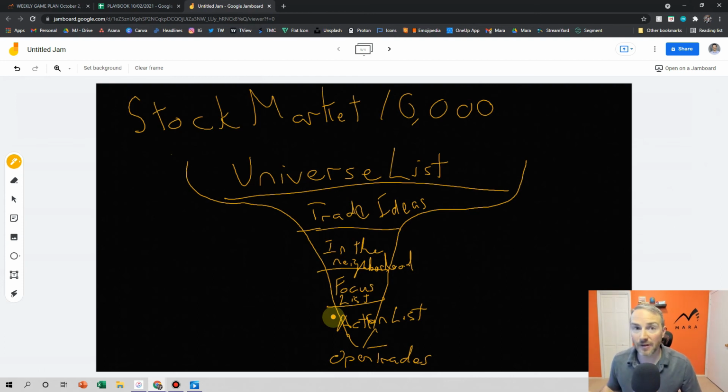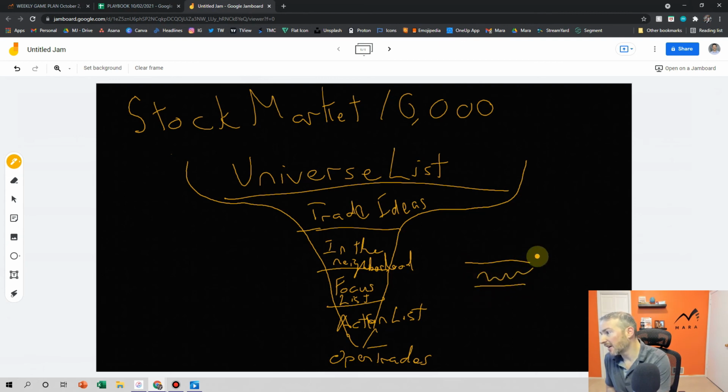Sometimes a stock will start to, let's say it's setting up like this, and I'm waiting for it to break out over here, but let's say instead of breaking out, it just breaks down, then that's a stock that's on the action list that never gets triggered, and the order gets canceled. Simple as that.